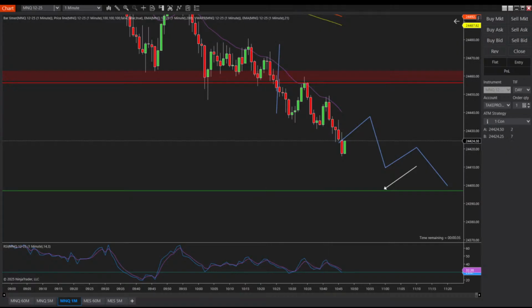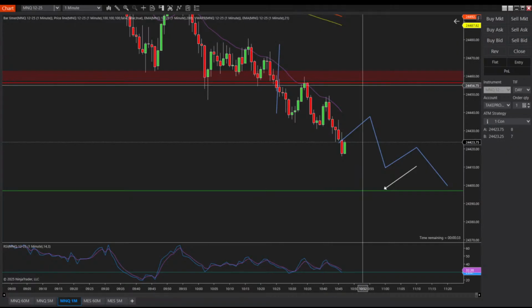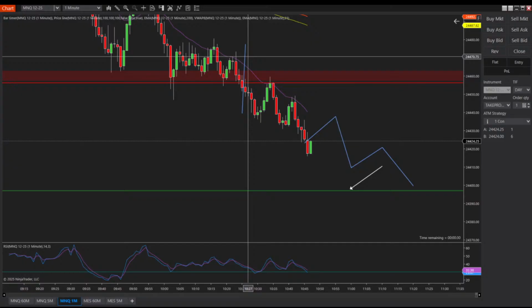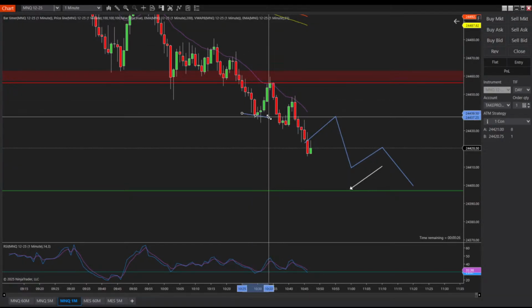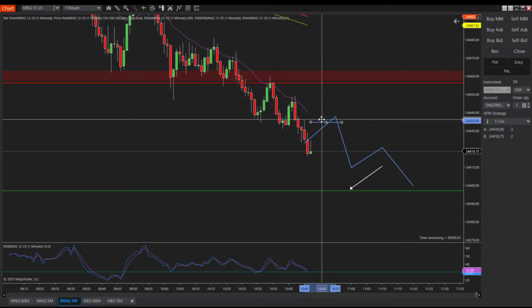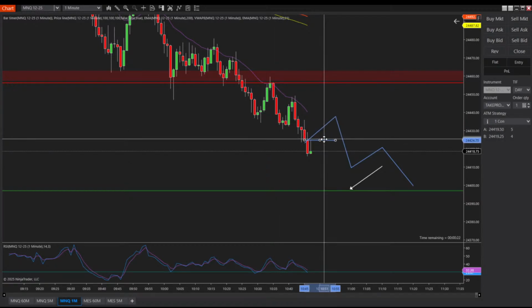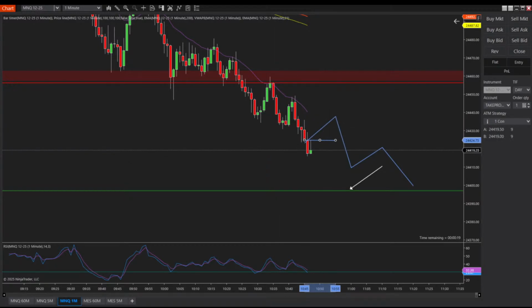Trail your positions. You can use a one candle trailer, which is just moving your stop as price goes down, trailing the price action until it stops you out.